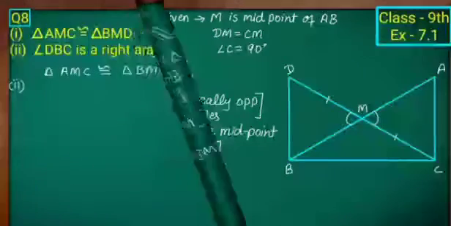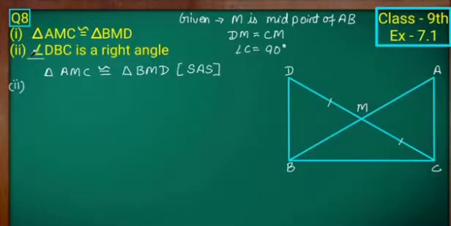Now second part. Angle DBC is a right angle. Now see this figure. This is angle DBC. You have to show that this angle is 90 degrees. We already proved triangle AMC congruent to triangle BMD by the rule side angle side. Now see this figure: DB and AC are parallel lines, DC is a transversal.